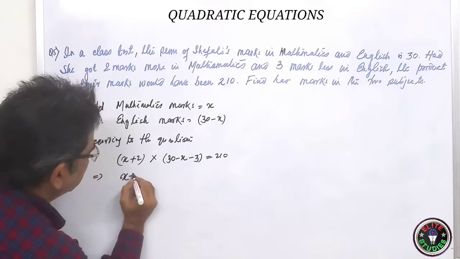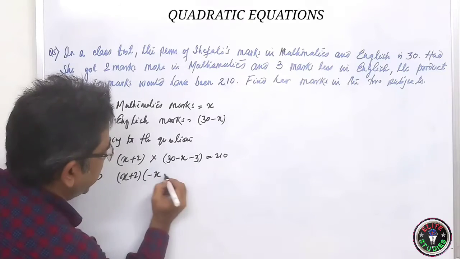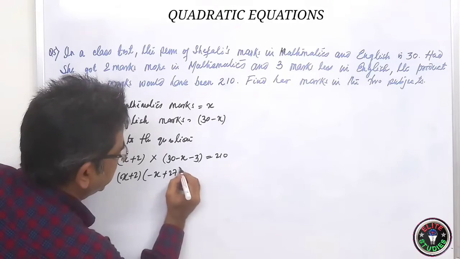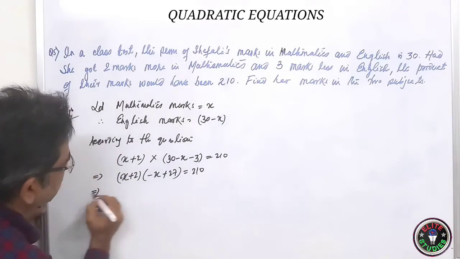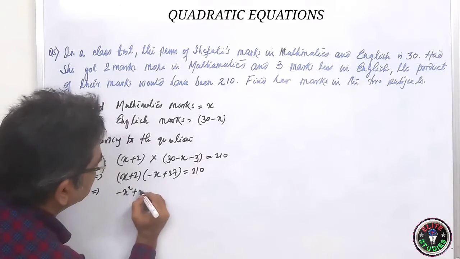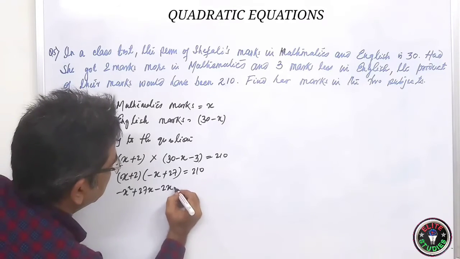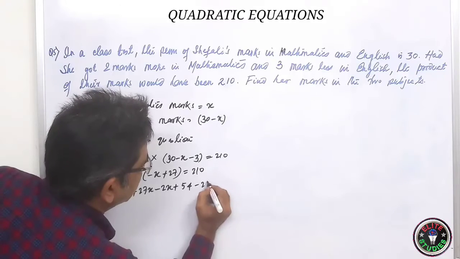It will be (x plus 2) times (27 minus x), minus x, 30 minus 3 plus 27, is equal to 210.